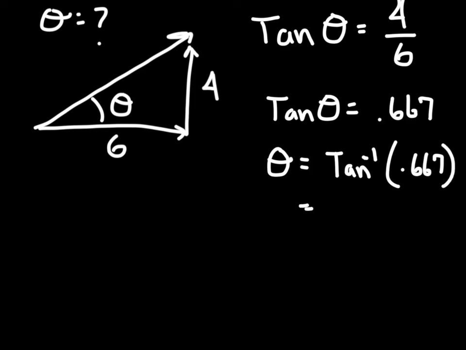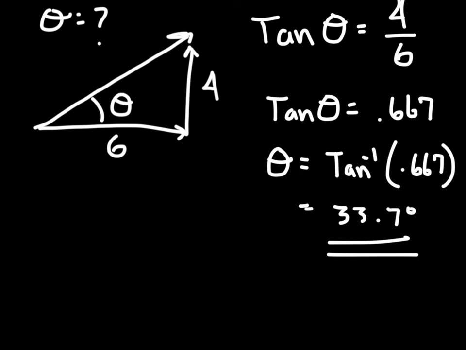And the way that you get that is on your calculator. Typically you have a second button, and you'll hit second tan of, say, 0.667, and what will pop out will be the angle 33.7 degrees. So this is just another way to use those trig functions.